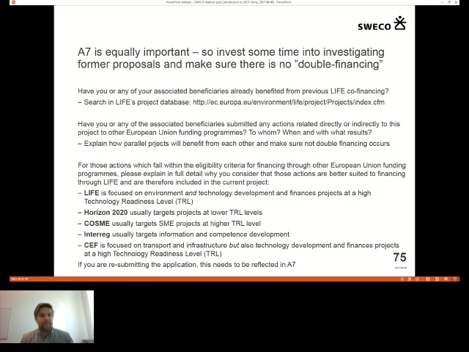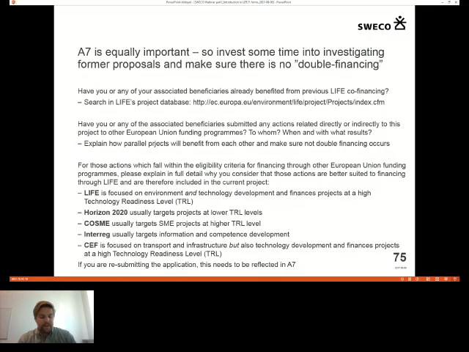CEF, Connecting Europe Facility, the old TEN-T program, has technology readiness levels very similar to Life, but is more focused on transport infrastructure. So if you're doing a project that is somehow connected to transport, you should maybe consider whether CEF would have been a better alternative or not.